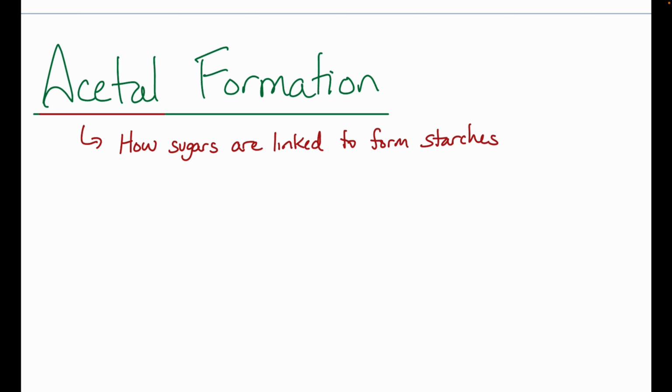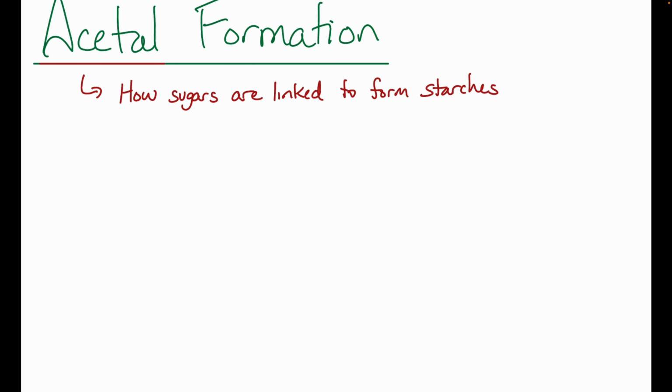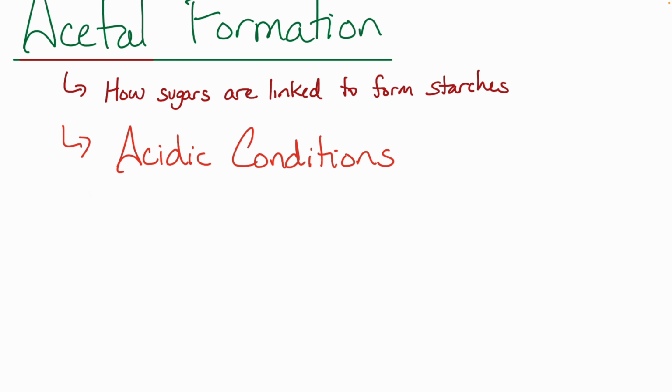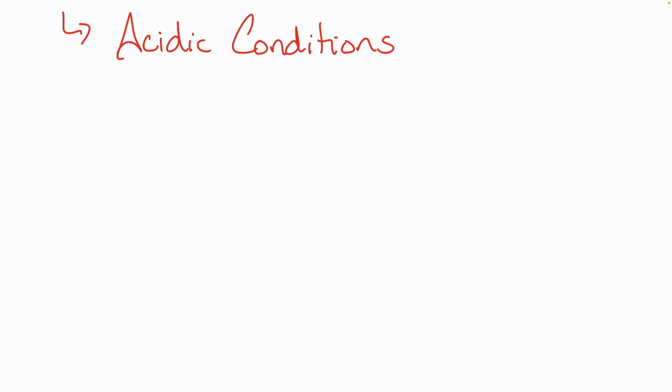Okay, so how are we going to do this? So first of all, this occurs, and let's make note because this is really important, under acidic conditions. All right, so I'm going to zoom in here. Our ketone.